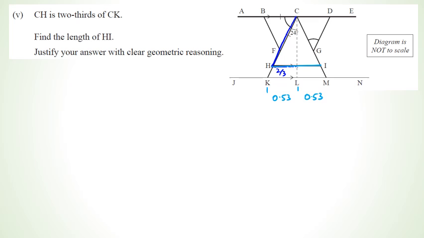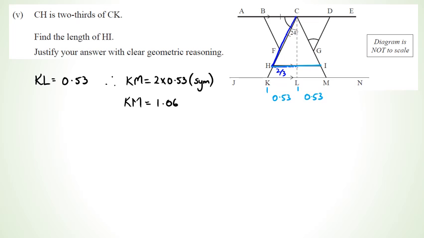So what I'm going to do first is put down that KL is equal to 0.53. Therefore, KM equals 2 times 0.53 because this was symmetrical. So I've got KM equals 1.06.